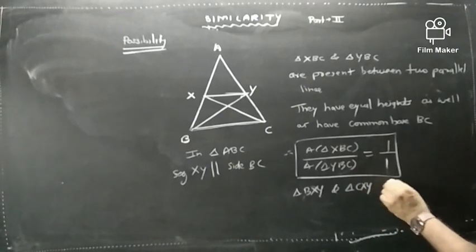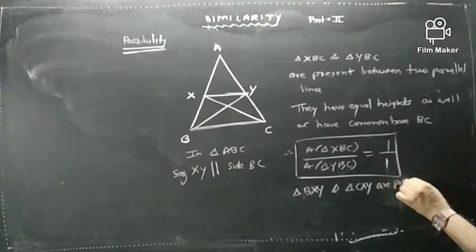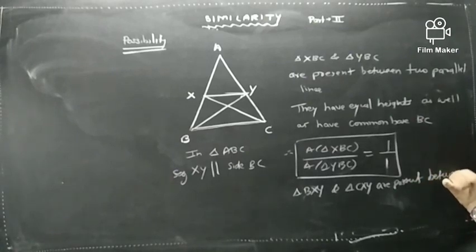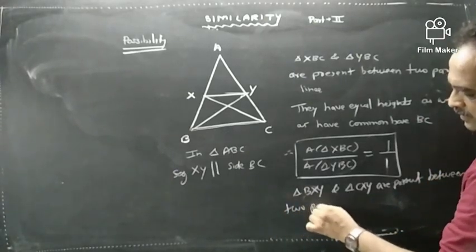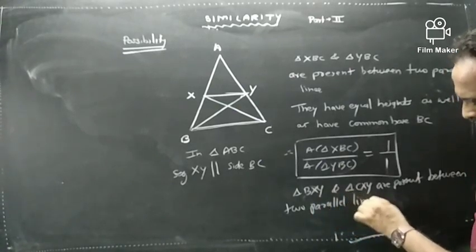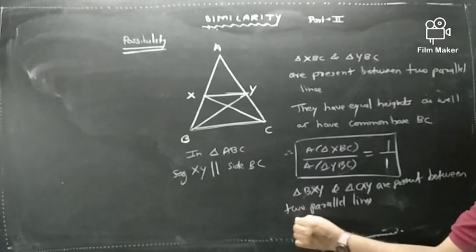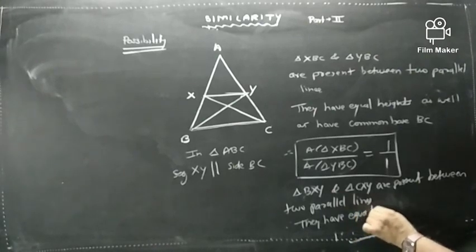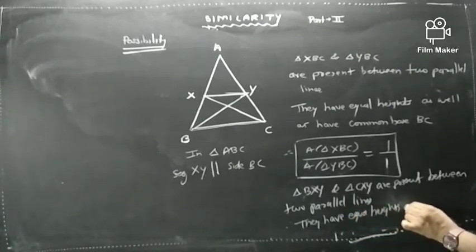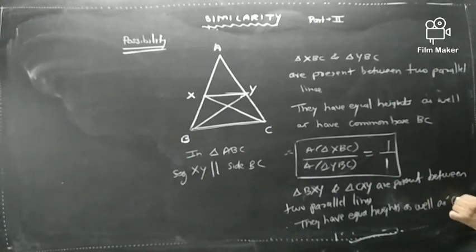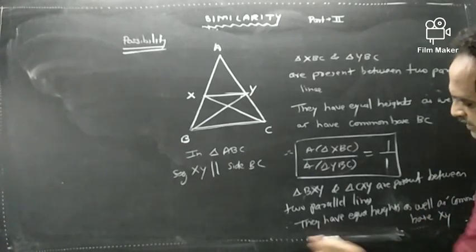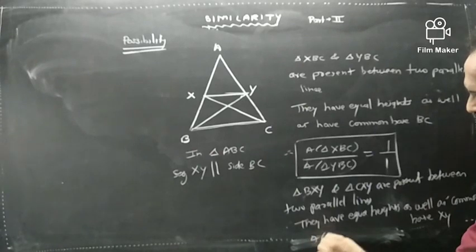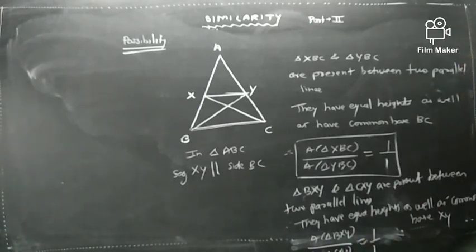Therefore, area of triangle BXY upon area of triangle CXY is equal to 1 upon 1.